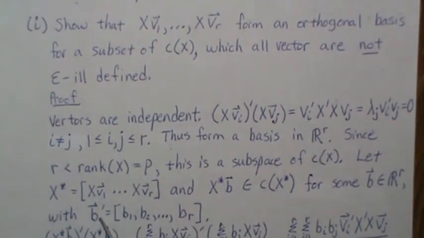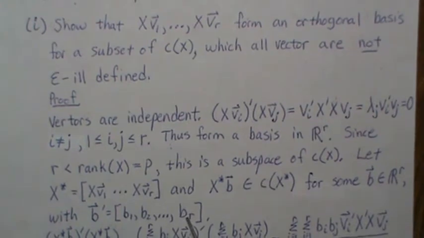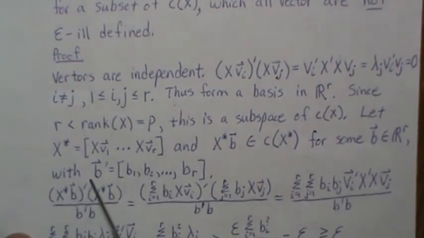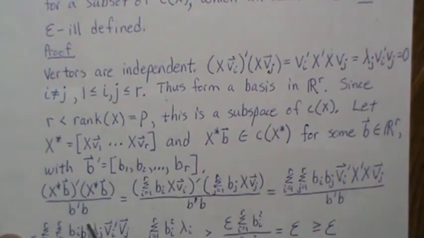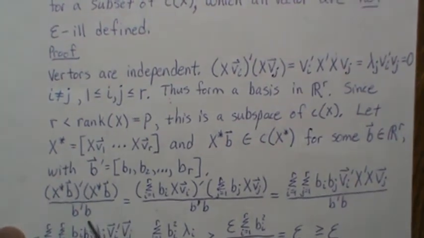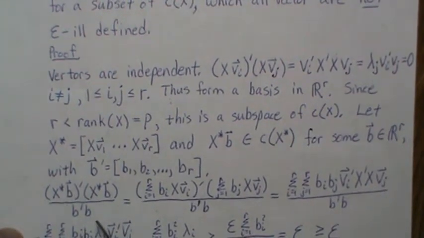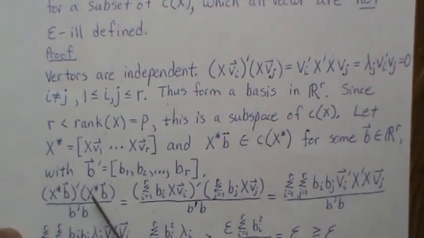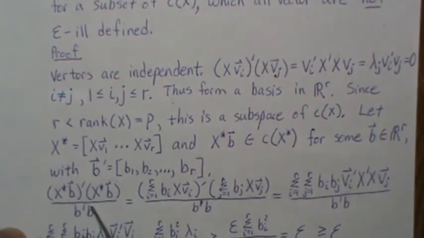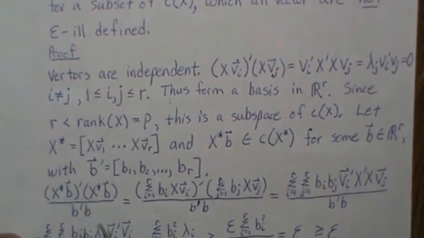We'll just generically let B be B1, B2, to Br. Now this is the condition that we set up for ill-conditioned matrices, and I have a video called multiple linear regression condition number for background on this. So this is the criterion.